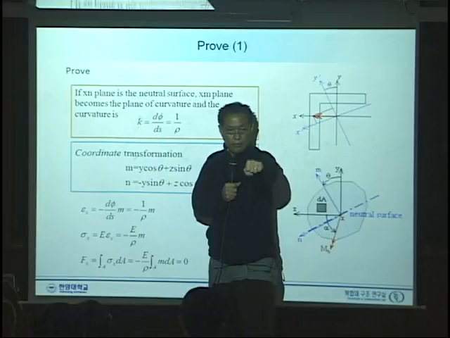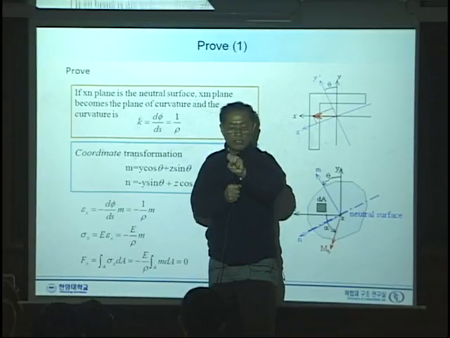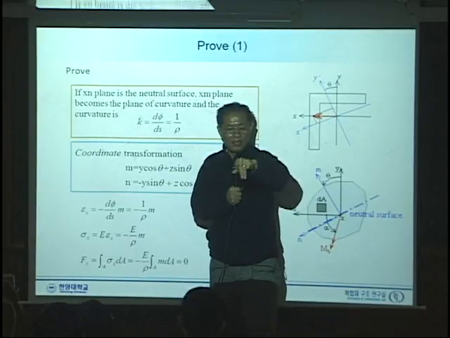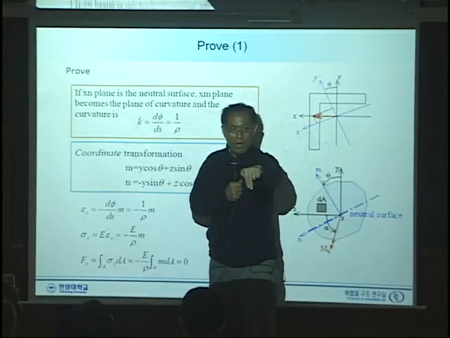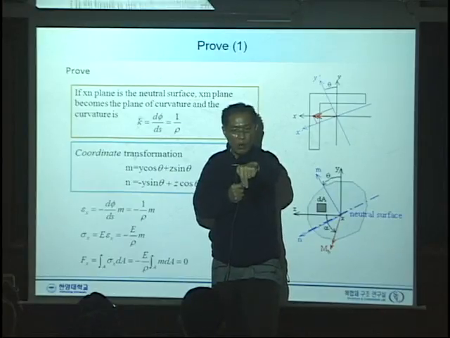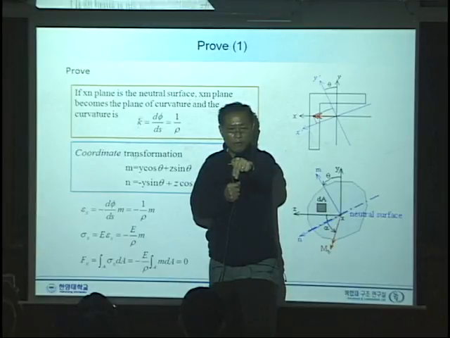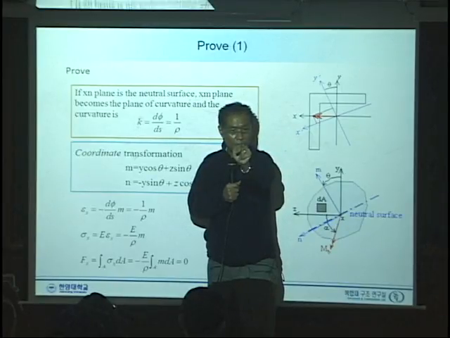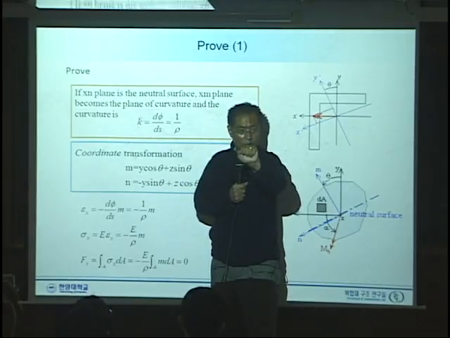But let's say this one is unsymmetric. When I apply the same moment, it deforms like that, not this way. Even though I apply moment this way, these things will deform like that. Do you follow me? It's different from this way.